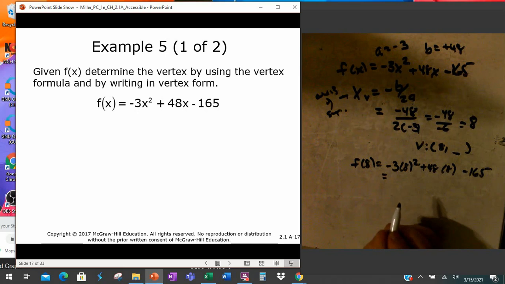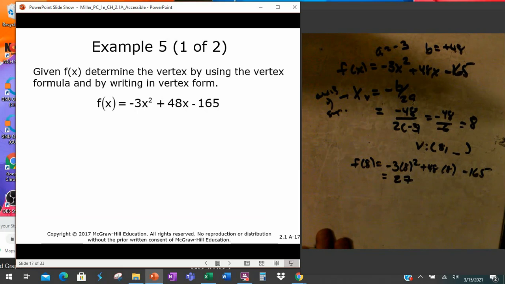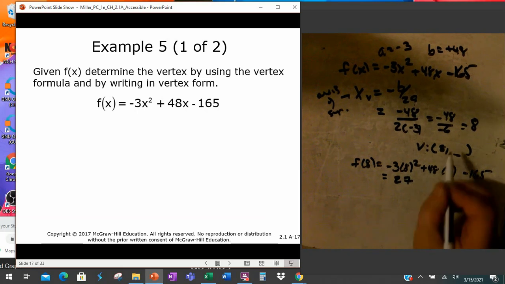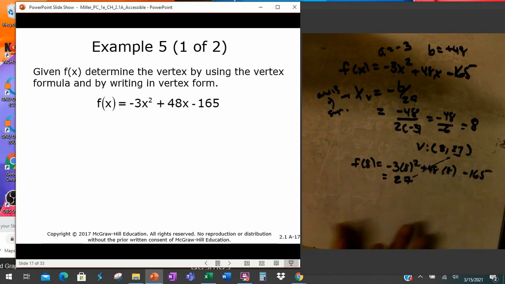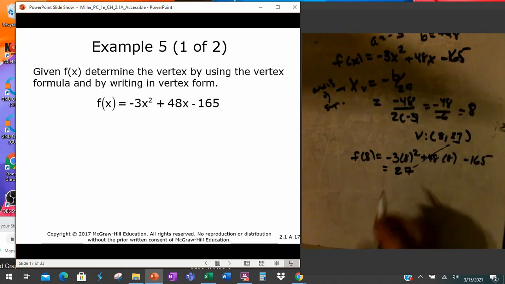If I do this real quick on my calculator, I get this to be 27. So what do I do with this information? That goes right in there. That finishes up. Here's my vertex, and then I've got everything.